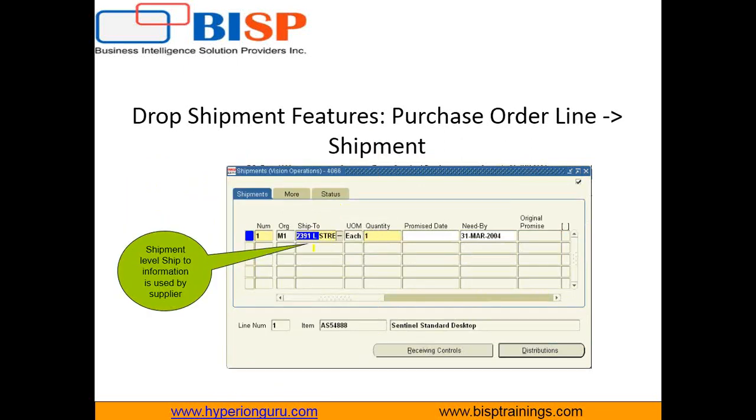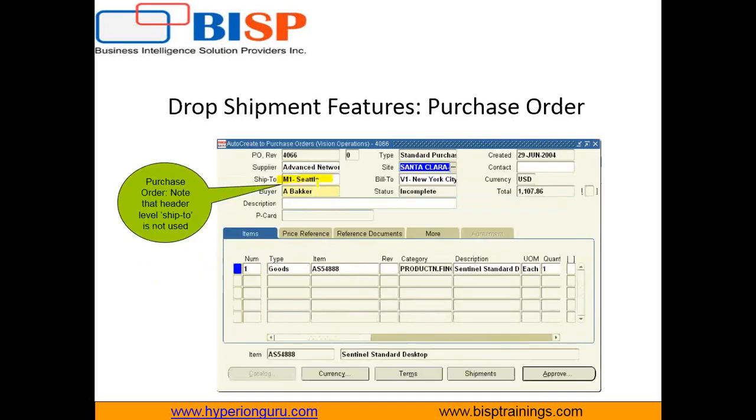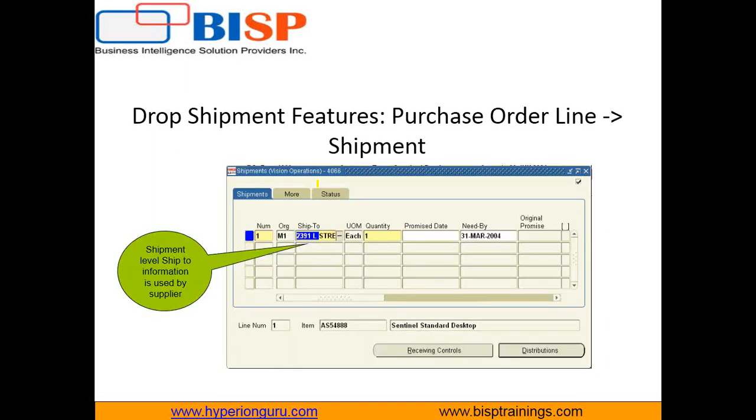Here the address is like 2391 Yale Store, and here the ship to is M1 City. So from this, you can find out that this particular order is not from my inventory, it is the one which is part of the dropship.